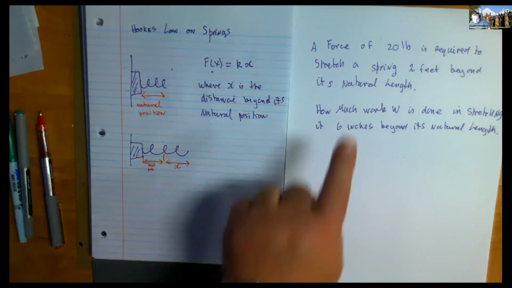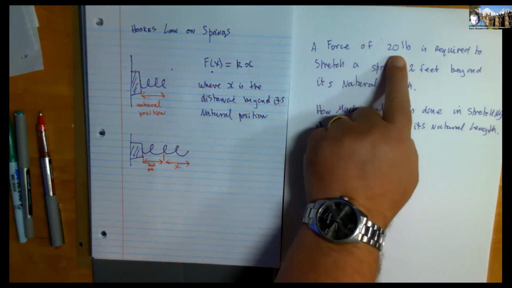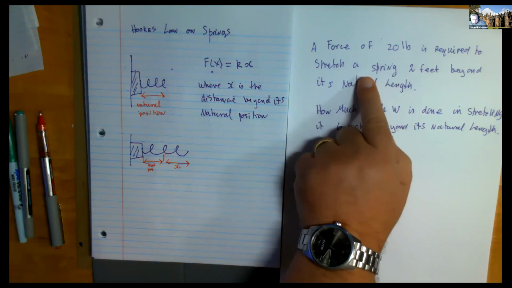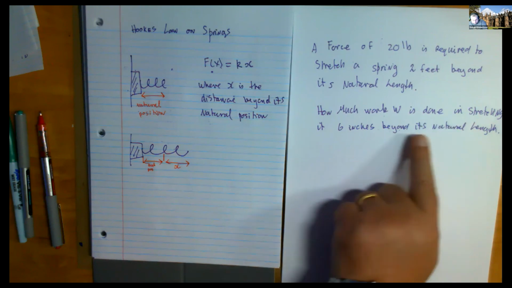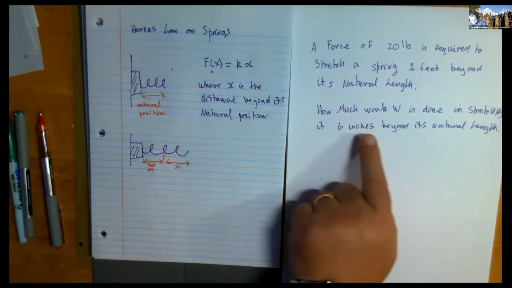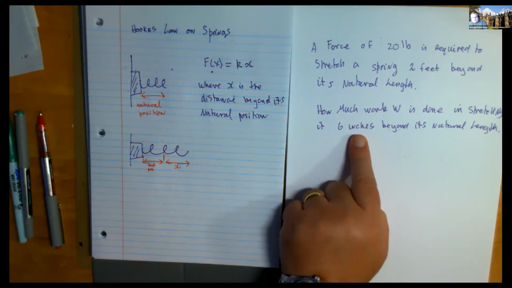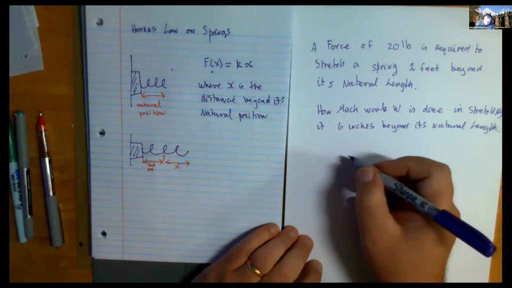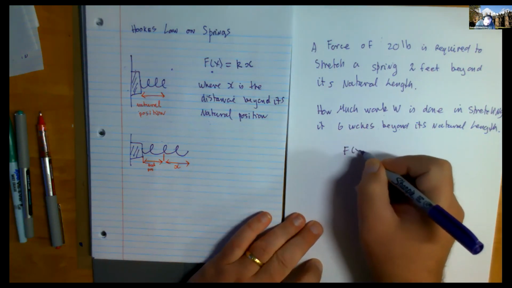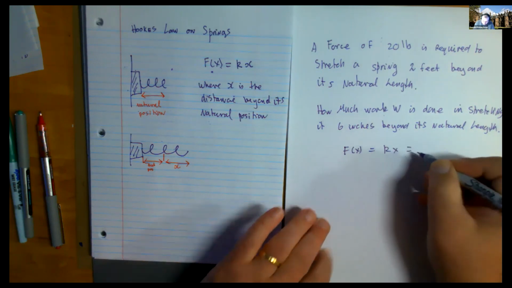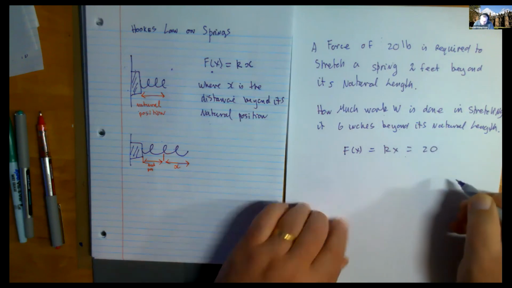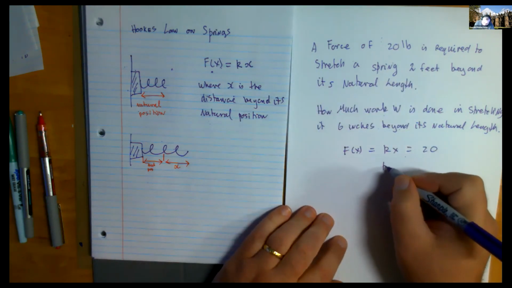So we're given a piece of information that it requires a force of 20 pounds to stretch a spring 2 feet beyond its natural length. How much work is done in stretching it 6 inches? It could say next time 3 feet, next time 9 inches beyond its natural length. So we know the force function is kx. We're told that the force was 20 pounds and that x was 2.